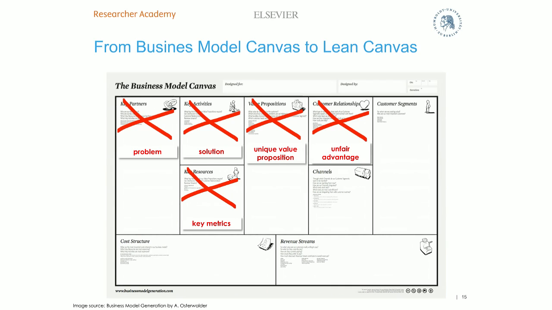And if you know what the problem is and who has the problem, then you can define the unique value proposition. This should be a single, clear, compelling message that states why you are different and worth buying.